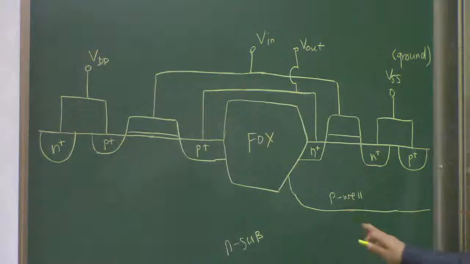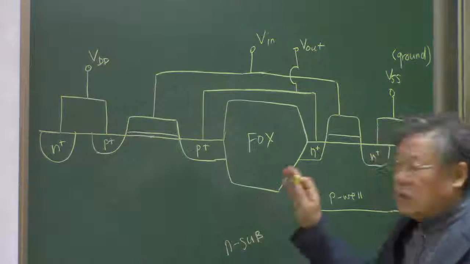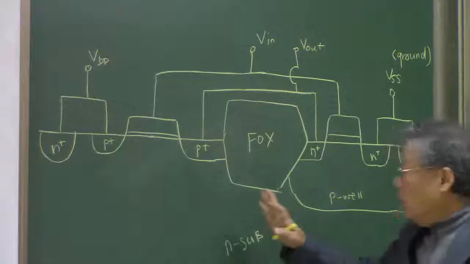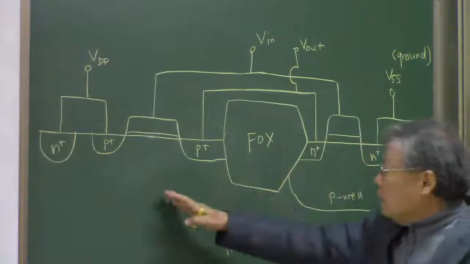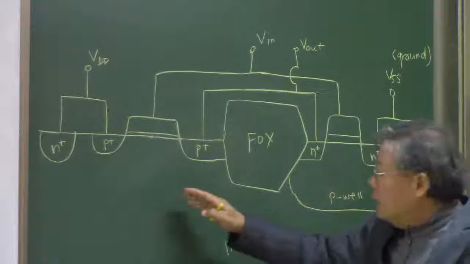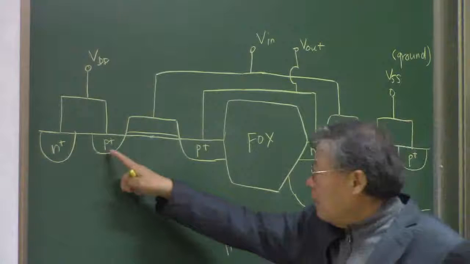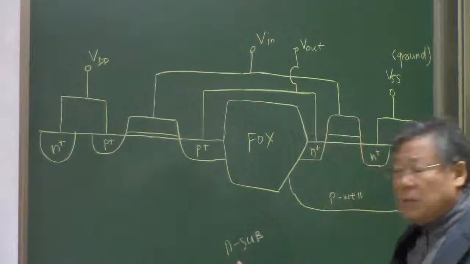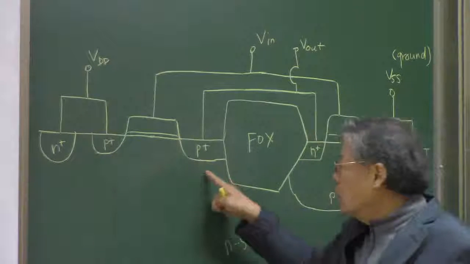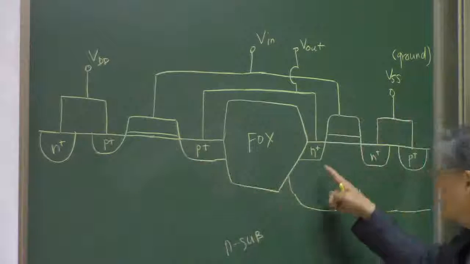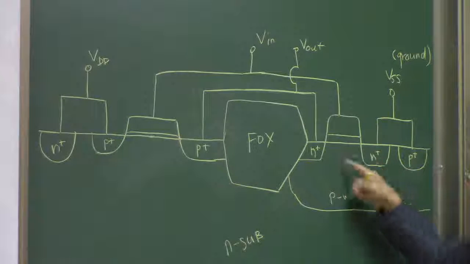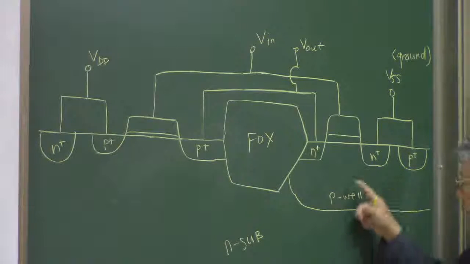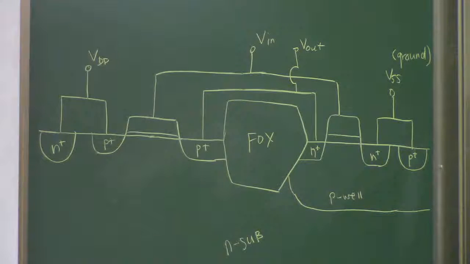You can do the same thing with the opposite type of MOS. In other words, if you have a P substrate, then this thing is going to be N plus, and this thing is going to be P plus, PMOS, and then we have to set up the N well.